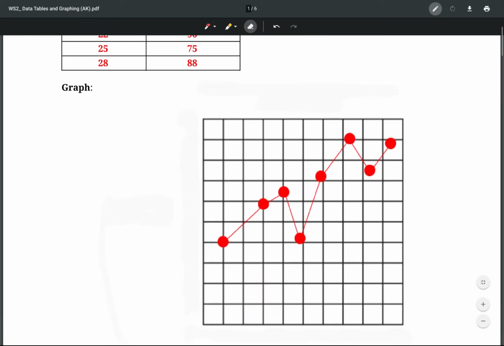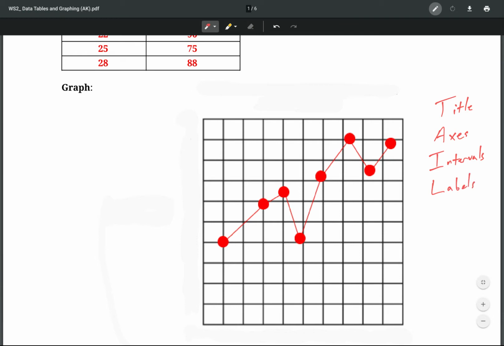And so in making a graph, we're going to write down our acronym, TAIL. And TAIL stands for title, axes, intervals, and labels.